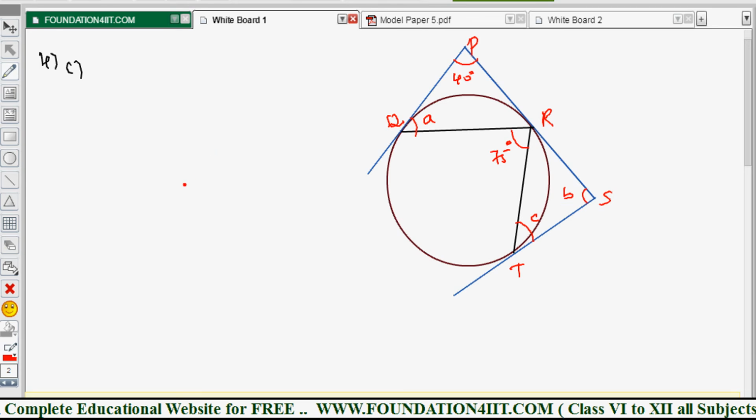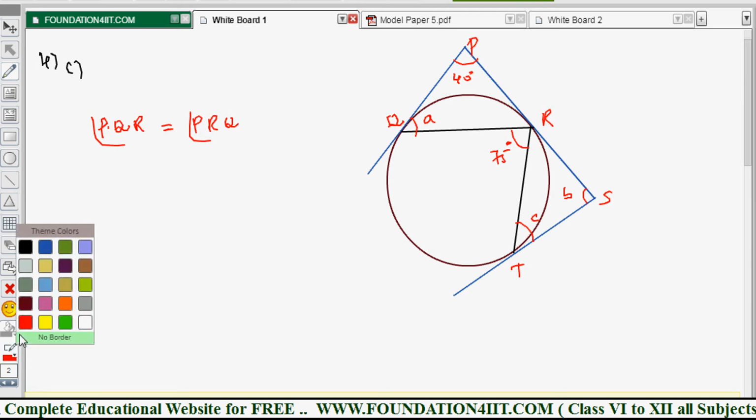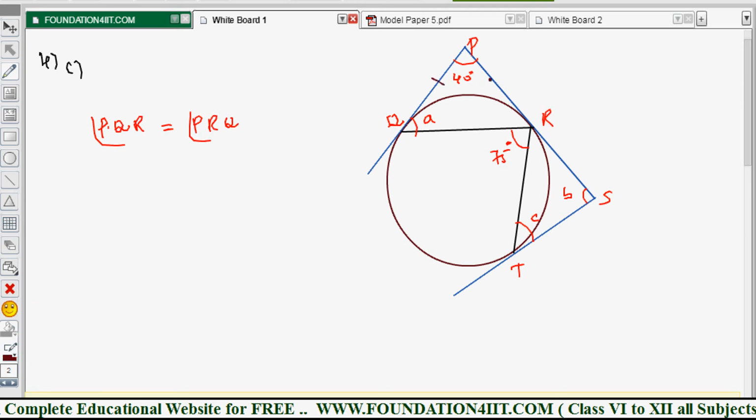To find the value of A first, here PQR equals PRQ. The two angles are the same because their opposite sides are equal. PQ equals PR because PQ and PR are tangents. Tangents drawn from an external point are equal. If you apply that property, both are equal. Then the value of A equals this one, which is also A only, because both are the same.